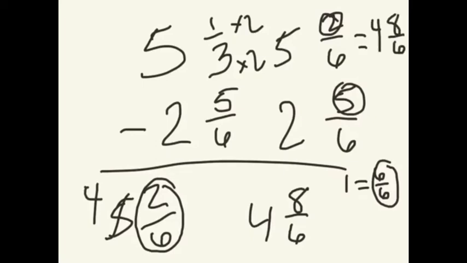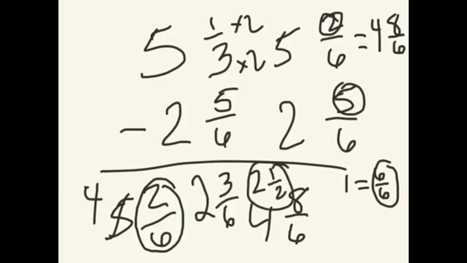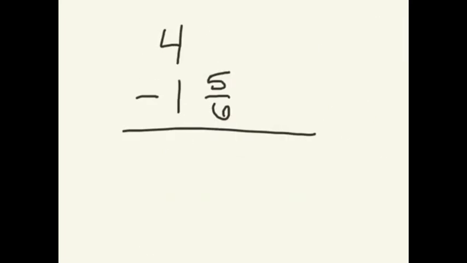But by writing it as 4 and 8/6, I can now take away 2 and 5/6, because 8 minus 5 is 3, 6ths, and 4 minus 2 is 2, so I get 2 and 3/6, which I then reduce to 2 and 1/2.